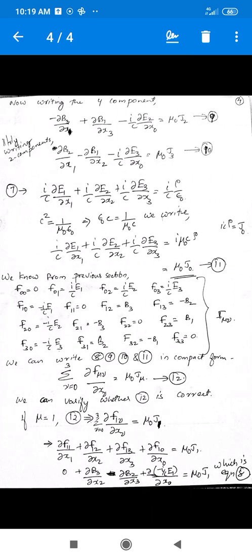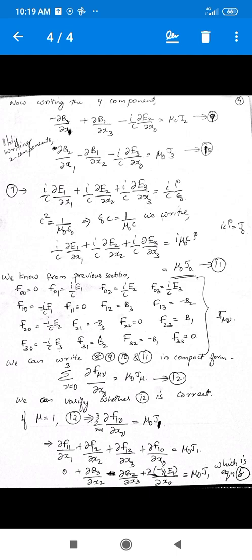Now we know c square is 1 by mu 0 epsilon 0. So epsilon 0 c is equal to 1 by mu 0 c, isn't it? So we write i by c dou e1 by dou x1 plus i by c dou e2 by dou x2 plus i by c dou e3 by dou x3, with epsilon 0 c as 1 by mu 0 c.